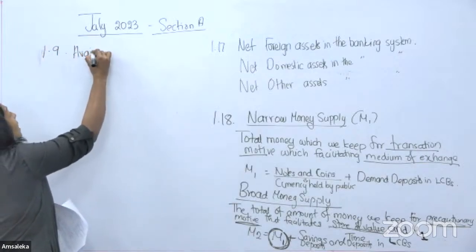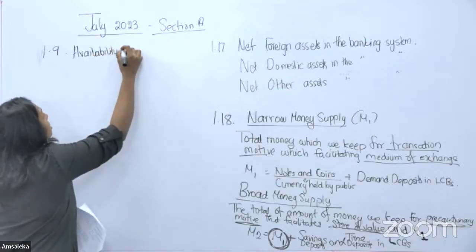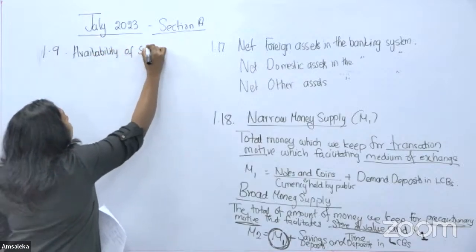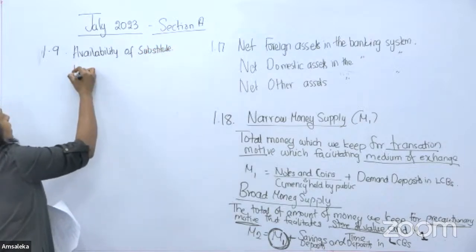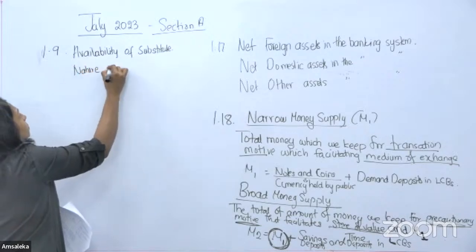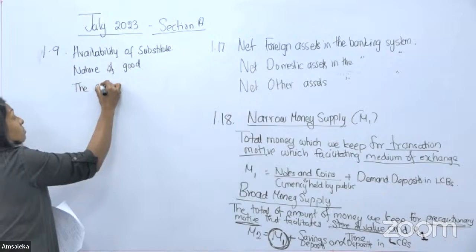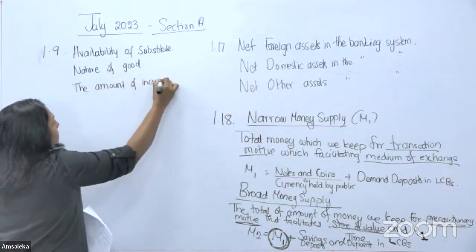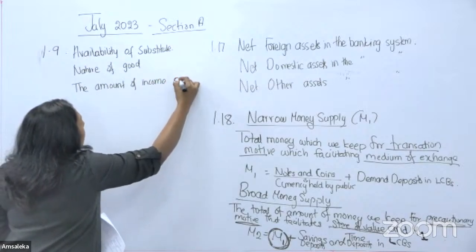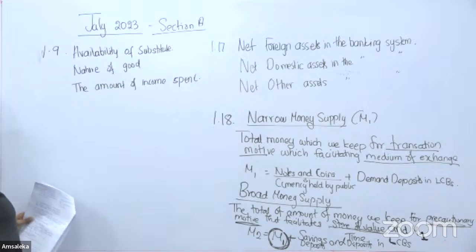It's about the availability of substitute goods, nature of the good, the amount of income spent. Likewise, you can say any two.